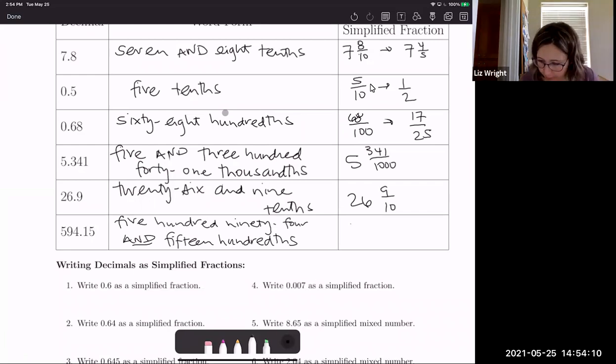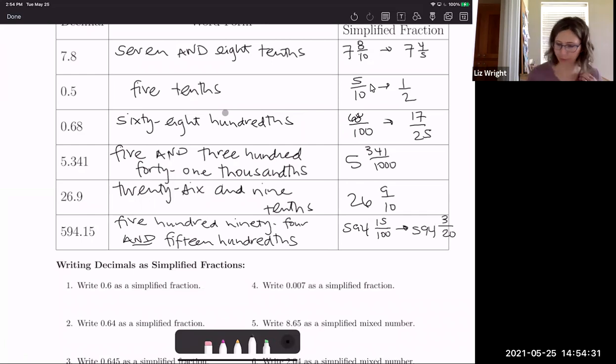All right, so 594 and 15/100. Then you should be able to divide the numerator and the denominator by 5. And so you're going to get 594 and 3/20 for that one once you reduce it.